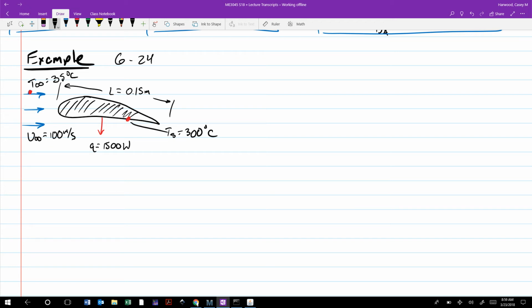Okay, so this is the total rate of heat transfer from the blade to the air.